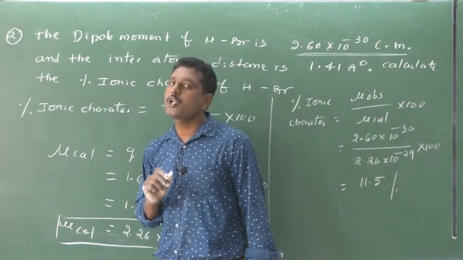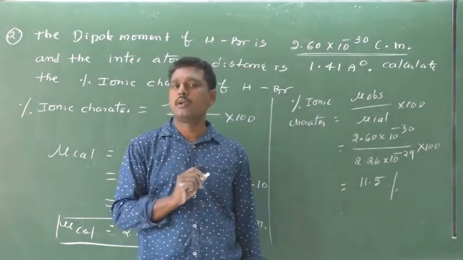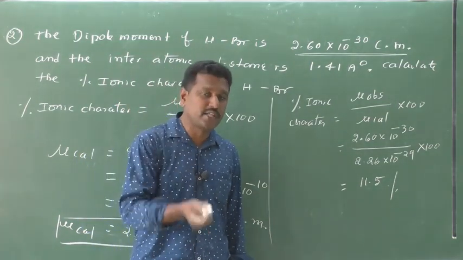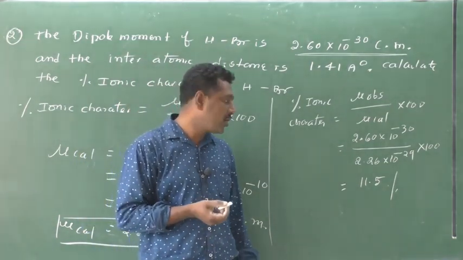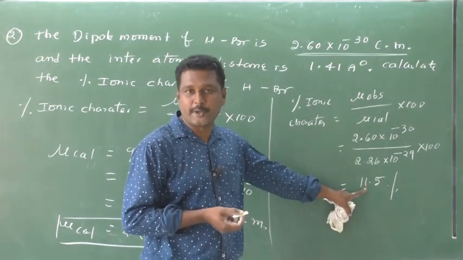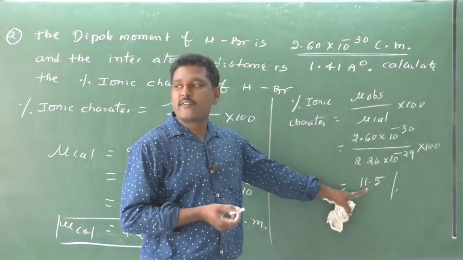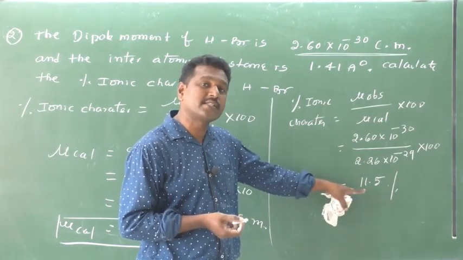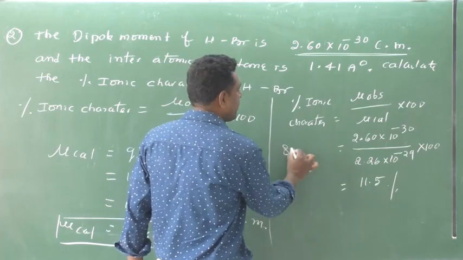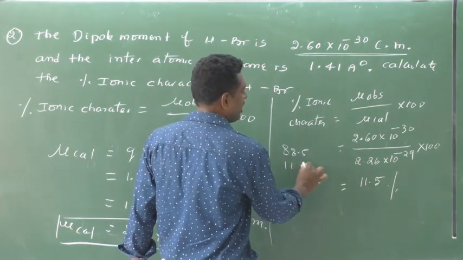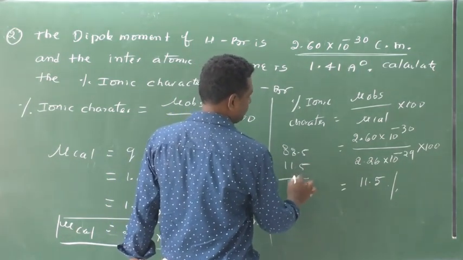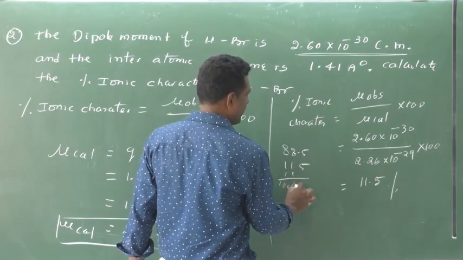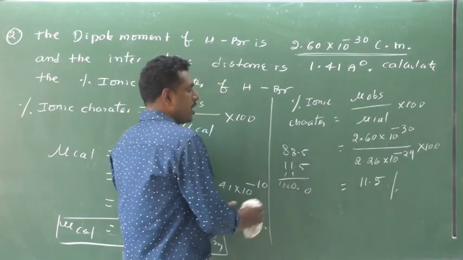So HBr molecule is actually a covalent molecule, but in a covalent molecule some percentage of ionic character is also there. That value is 11.5. So 11.5 means how much? 88.5. So this is 88.5 plus 11.5, total 100 percentage.